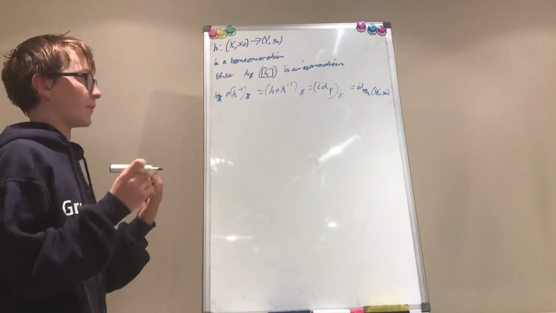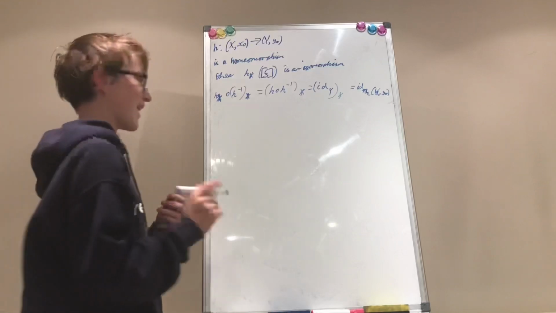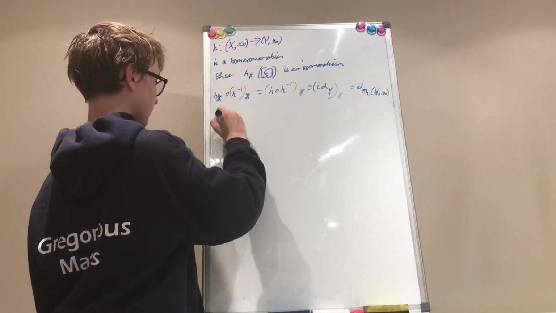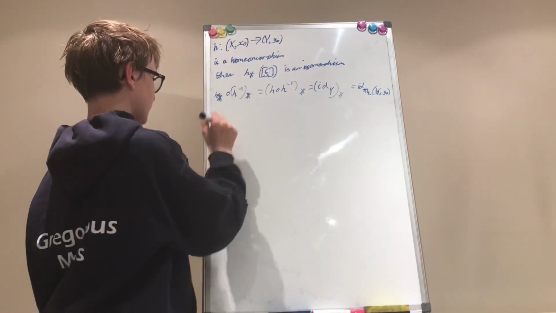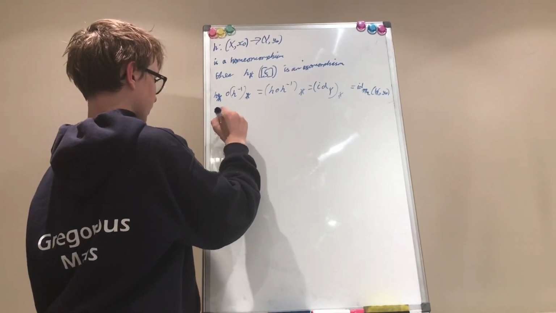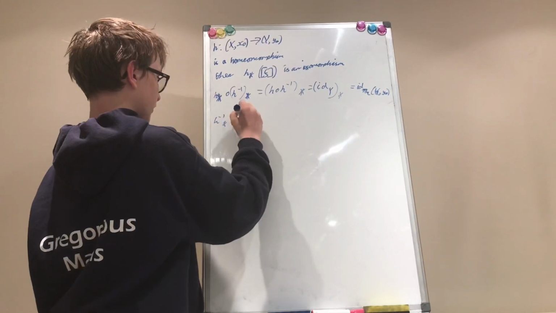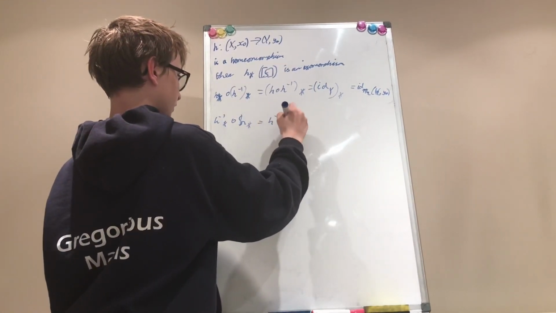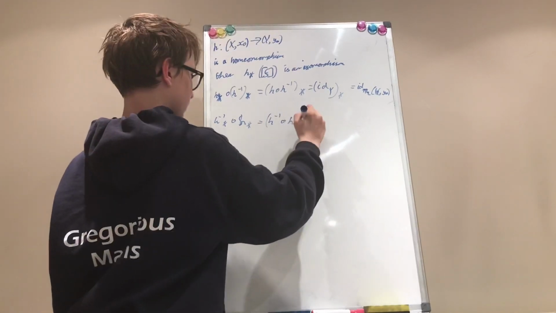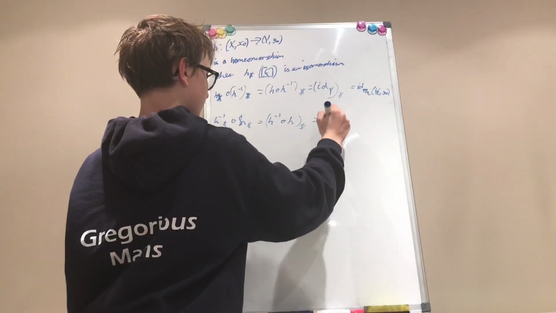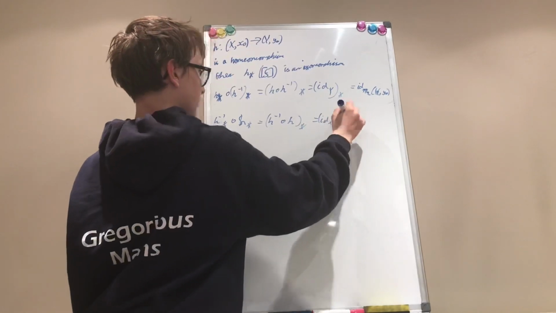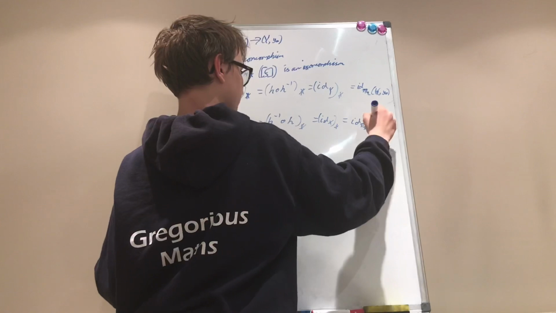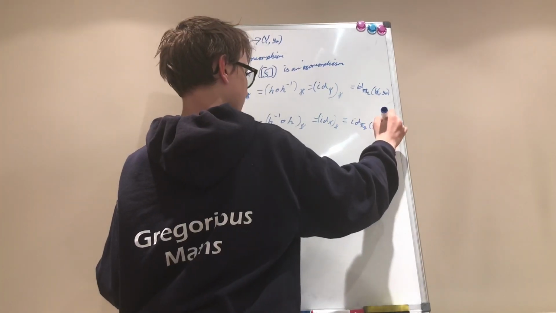And you can do the same thing for x. So we have H inverse star compose H star is equal to H inverse compose H star is equal to the identity in X star is equal to the identity in the fundamental group of X at some point x0.